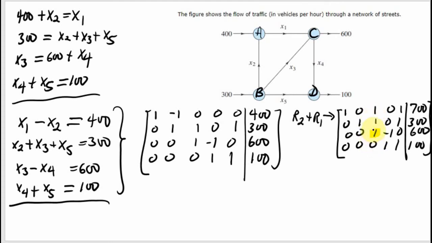Well, we have 0 below it, so to get zeros above it, we say negative times row 3 plus row 1, and then negative times row 3 plus row 2.